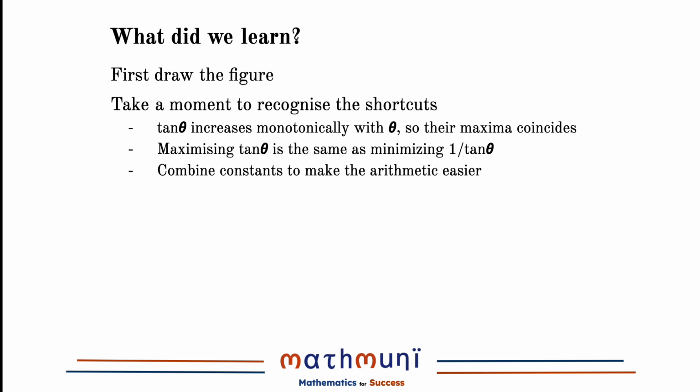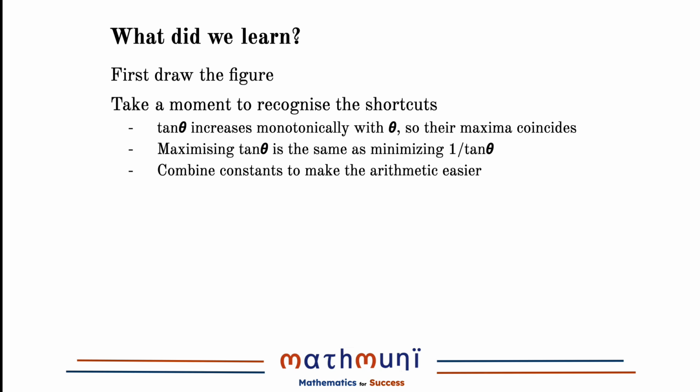Next, we notice that the expression for tan theta is the ratio of 2 polynomials, the smaller power in the numerator and the higher power in the denominator. Now, yes, we can calculate its derivative using the quotient rule, but if you think for a minute, it is much easier to take the derivative of the inverse, meaning minimizing 1 upon tan theta. 1 upon tan theta will have the higher power terms in the numerator and will be divided by a multiple of x in the denominator.